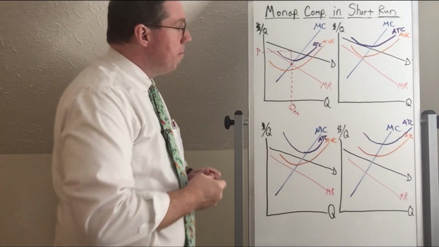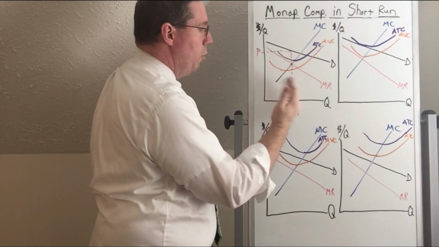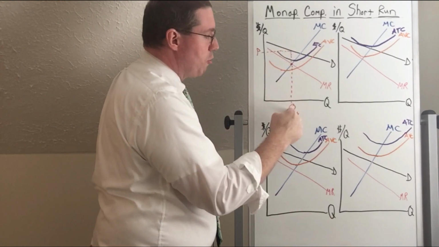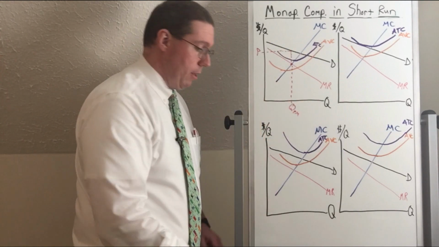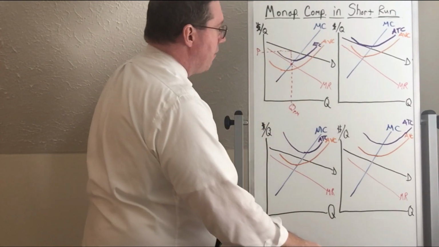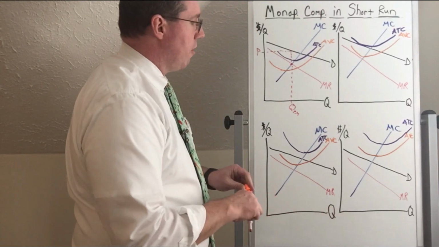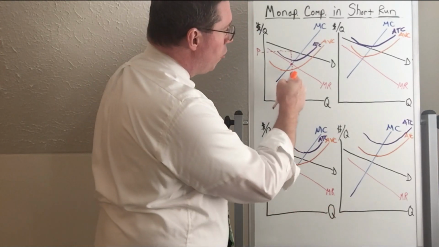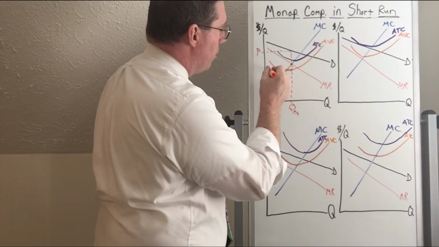And remember that we can multiply the price, the height, and the width, quantity. Price times quantity. This rectangle represents total revenue. Okay? Now we're going to identify the average variable cost and the average total cost. If we follow the vertical quantity line up to the average variable cost right here, we can go over with a little dashed line.